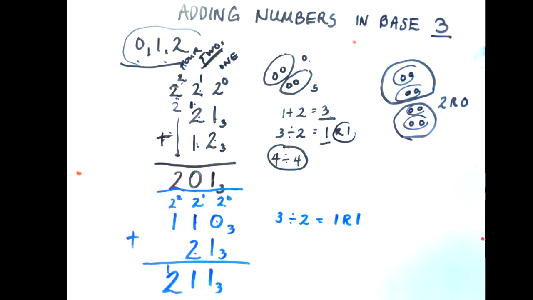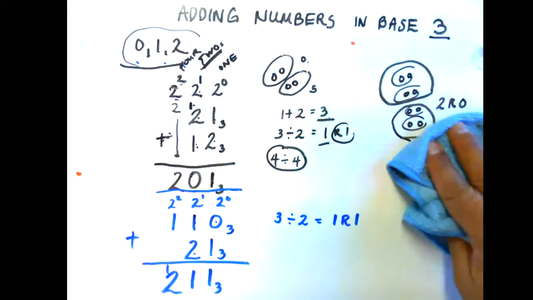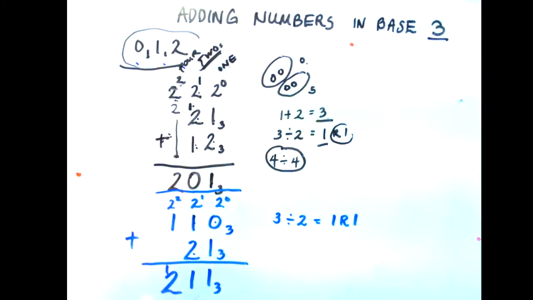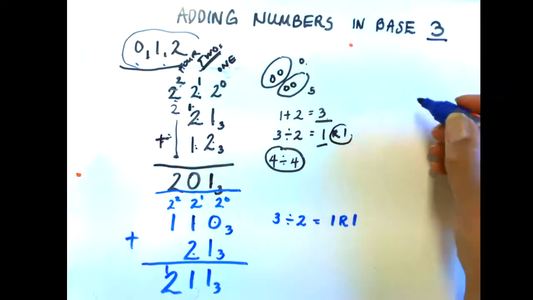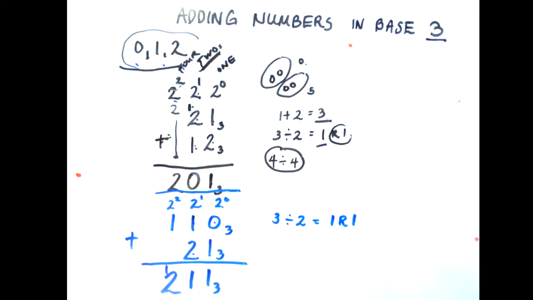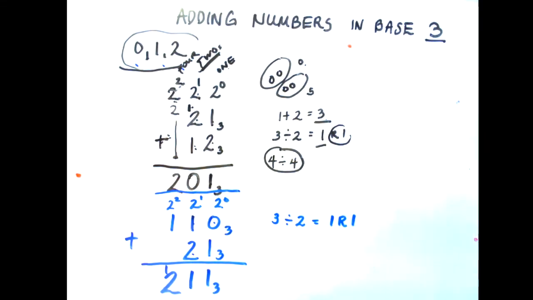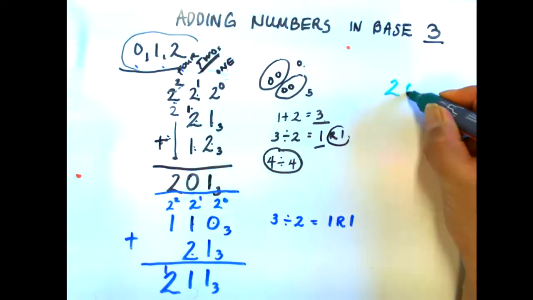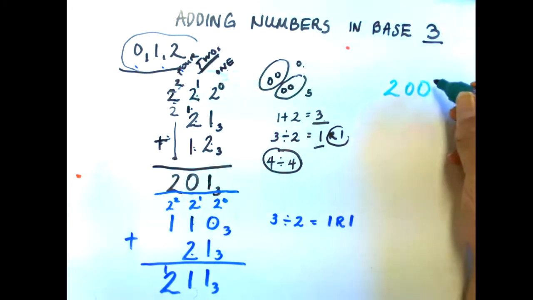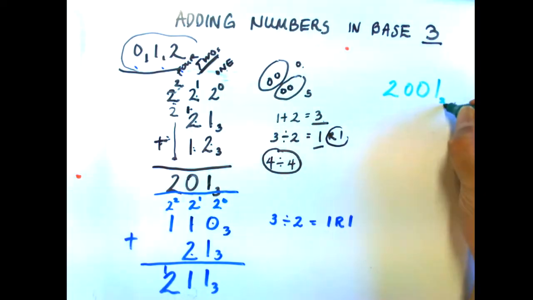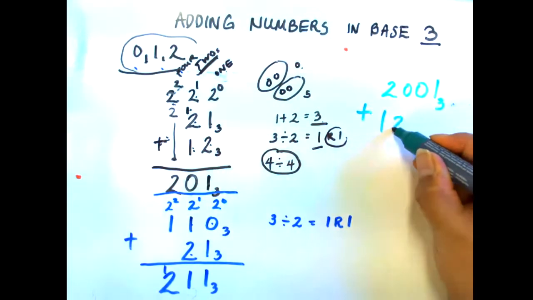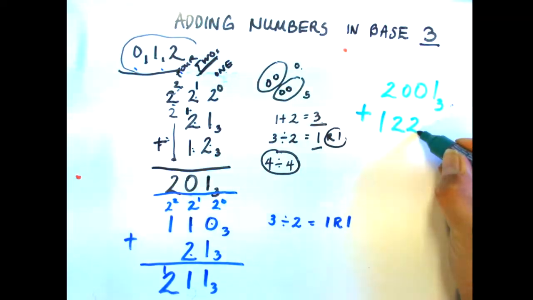I'm going to give you some homework. Let me just rub out things in here. So the homework would be, let's use a different color, 2001 in base 3, add 1, 2, 2, 2.